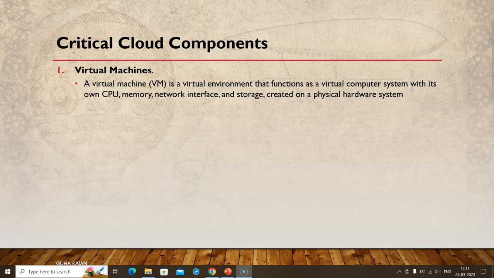So you need to provision this virtual machine. You can provision these virtual machines as and when required, and you can drop them also if you don't want them. You can add resources, be it CPU, memory, or storage, on an ad hoc, as-needed basis.